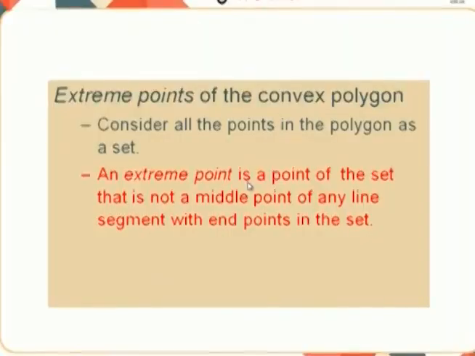Fine. The whole problem is now reduced to finding the extreme points. An extreme point is a point of the set that is not the middle point of any line segment that can be constructed.